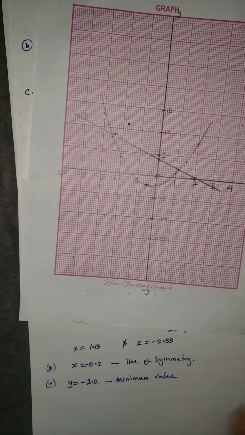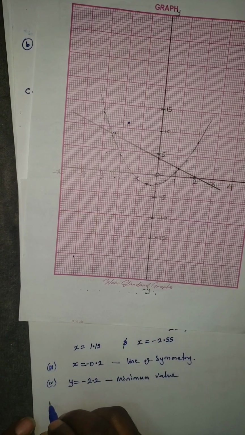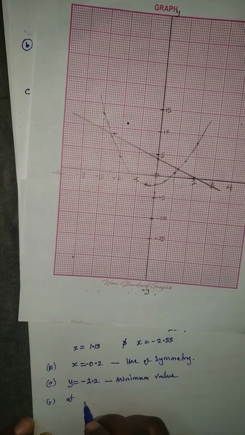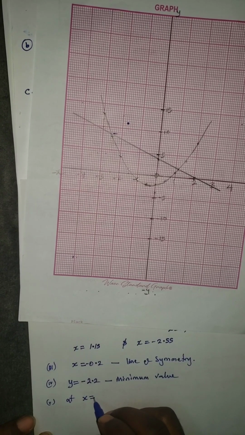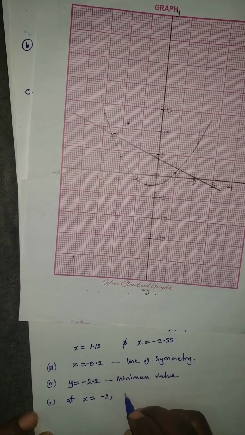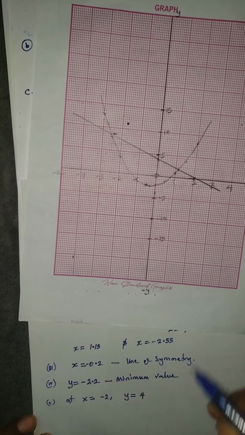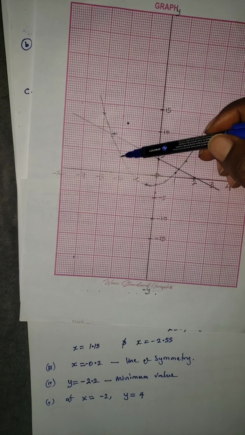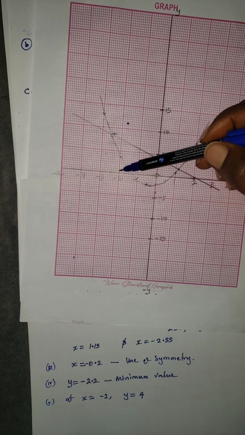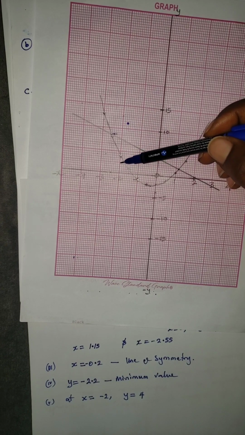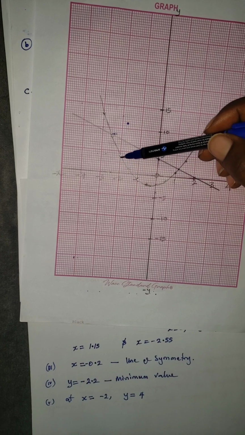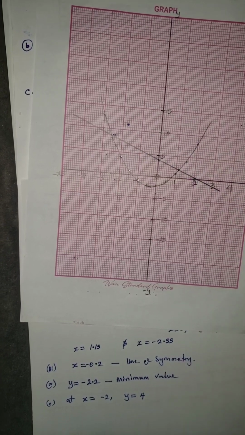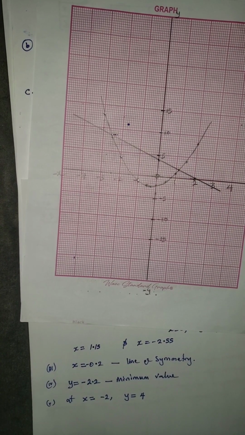So you can just write out that at x equals minus 2, y equals 4. You can also check it here. This is your x. So you count 0.5, 1, 1.5, 2, 2.5, 3, 3.5, 4. That's how we got y equals 4.